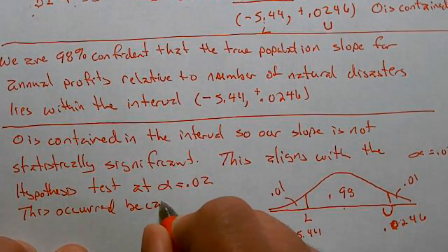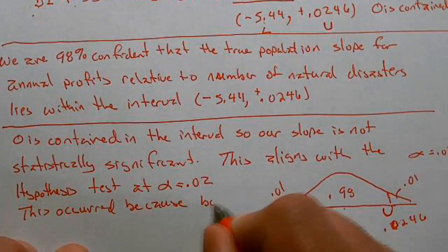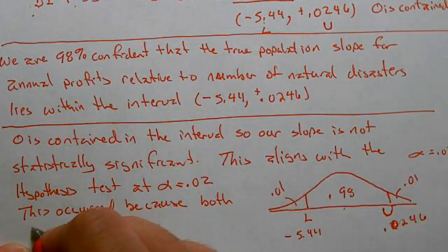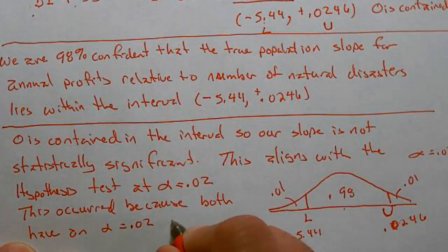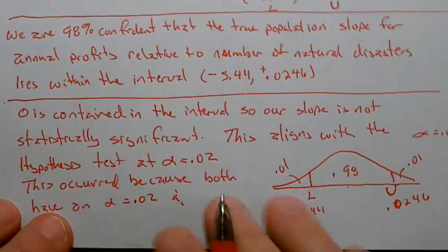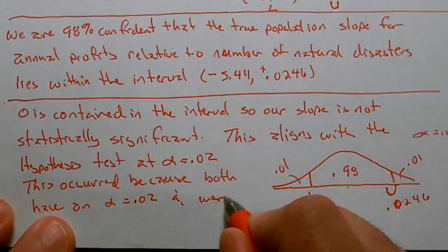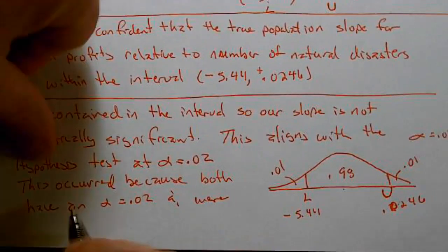Because both have an alpha, which is the area in the tail, equal to 0.02, and were two-tailed tests.